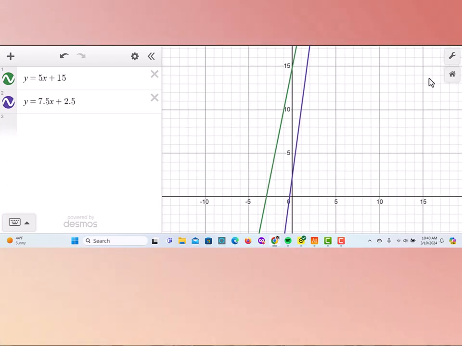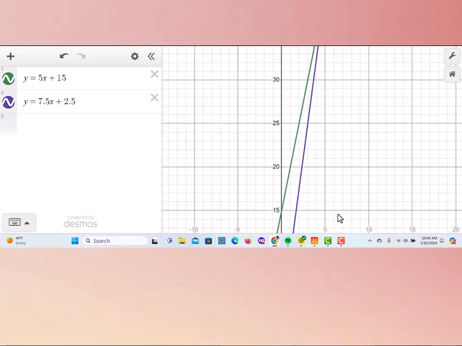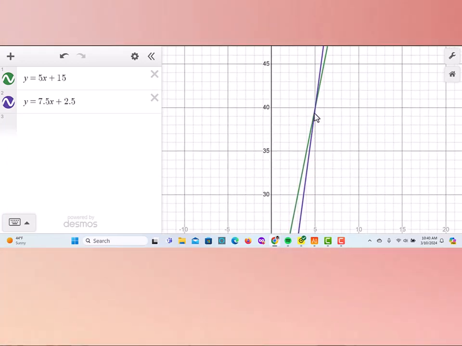But the quickest way is to adjust my graph settings with the wrench. Now look at your graph, the first one. I see that it's intersecting the y-axis. The y-intercept is 15. And if I move up a little bit, I can see where they're intersecting here at 40. So I need to go up to at least 45 on the y-axis.